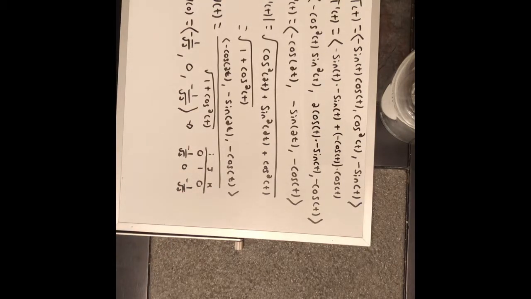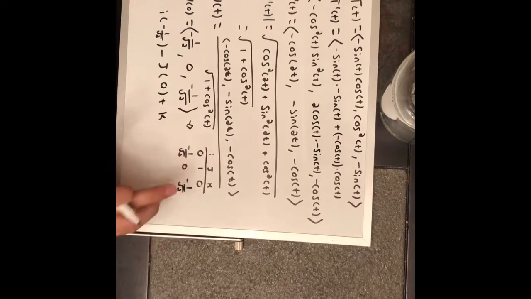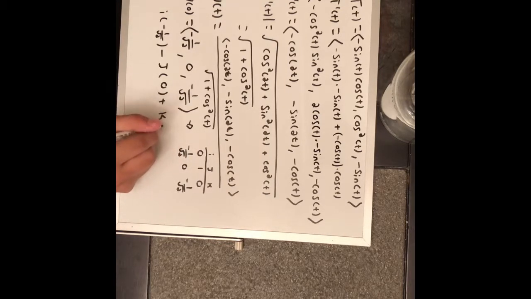So let's cross it. 1 times negative 1 over square root of 2 is just that. And 0 times 0 is 0, so it'll just be negative 1 over square root of 2 i, minus j. So you know j, that'll just be 0 times that, 0 times that, that'll be 0, plus k. 0 times 0, 0 minus 1 times a negative 1 over square root of 2, that'll be positive 1 over square root of 2.